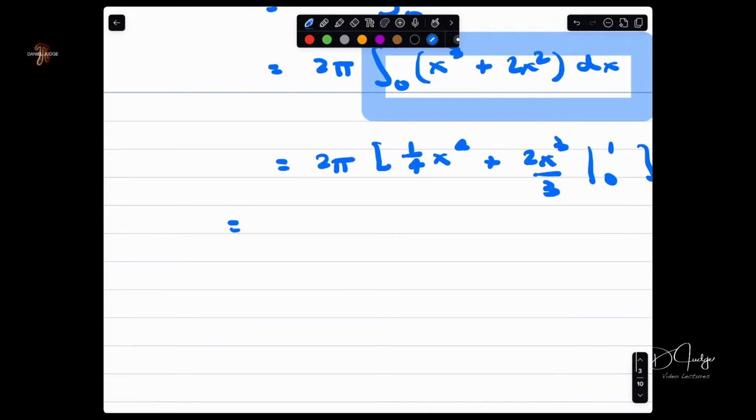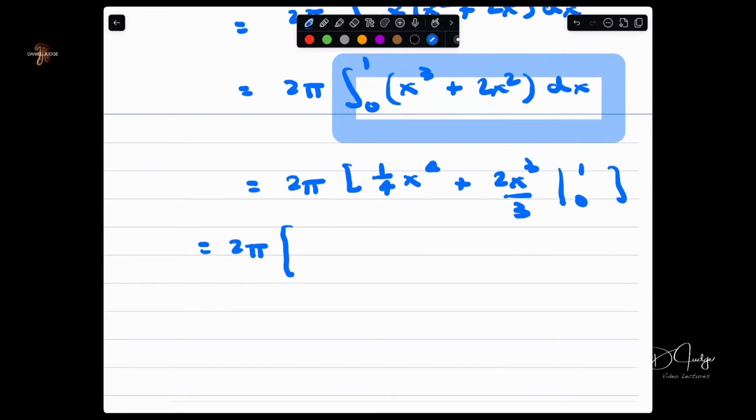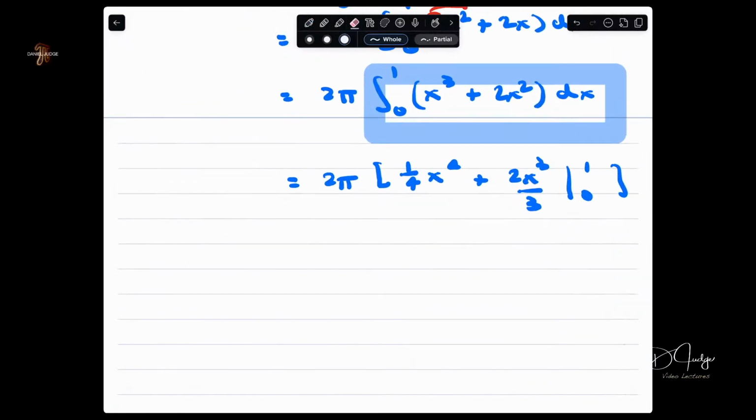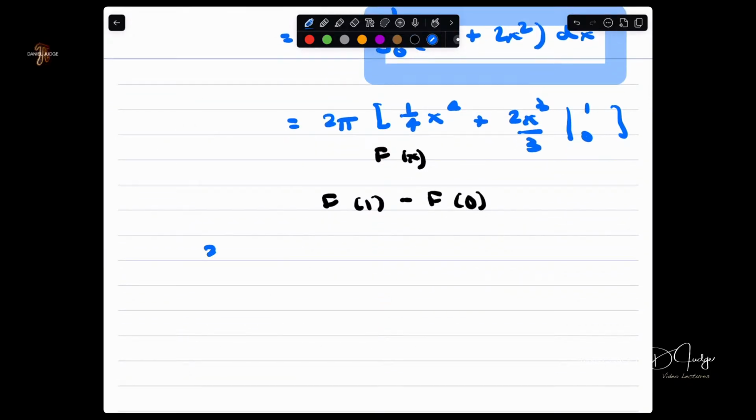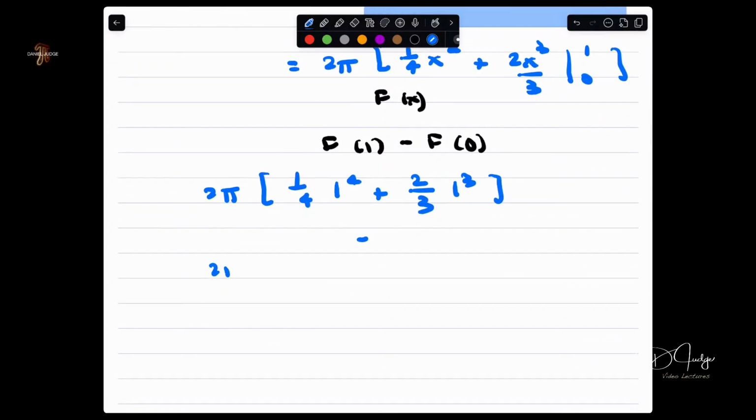Okay, 2 pi. Now, let's go through the process. Remember, this is going to be our antiderivative. So we have to take the difference, f of 1 minus f of 0, and we'll have 2 pi times 1/4 plus 2/3 times 1 cubed, minus 2 pi times 1/4 times 0 to the 4th plus 2/3 times 0 cubed.